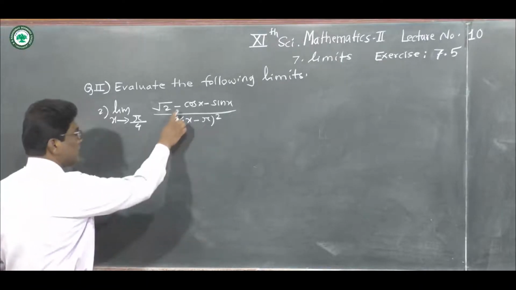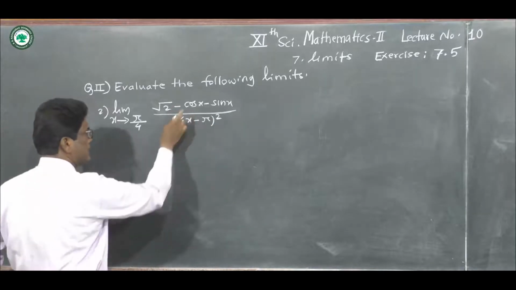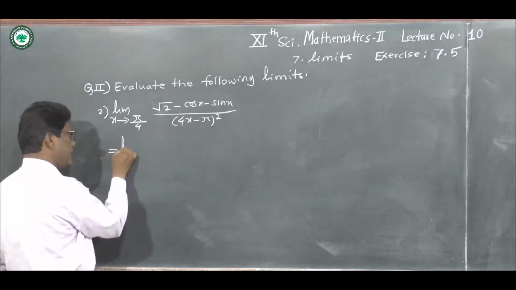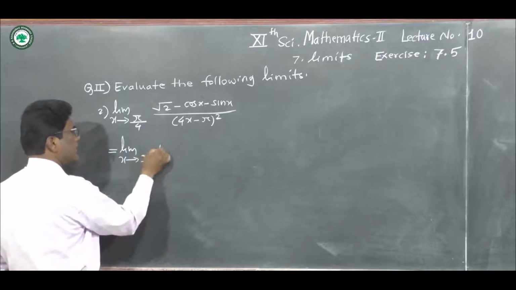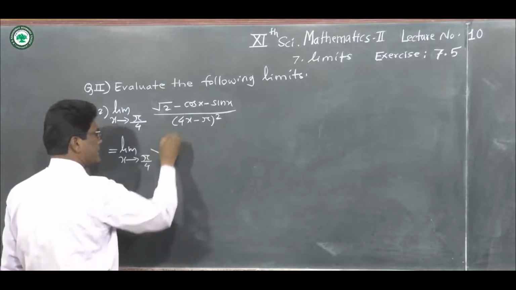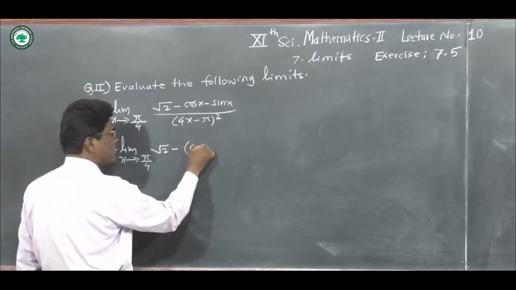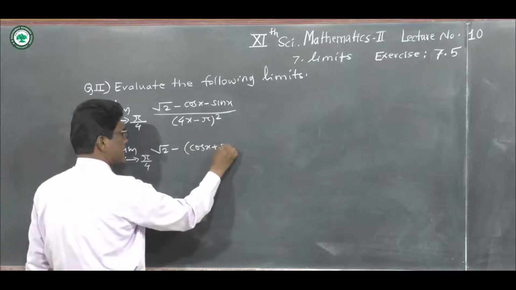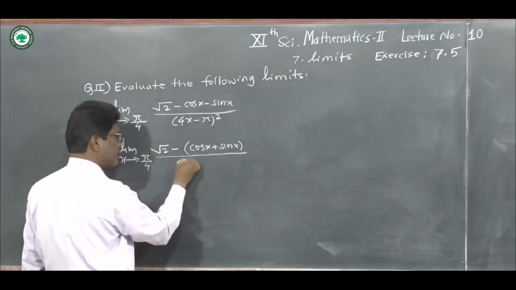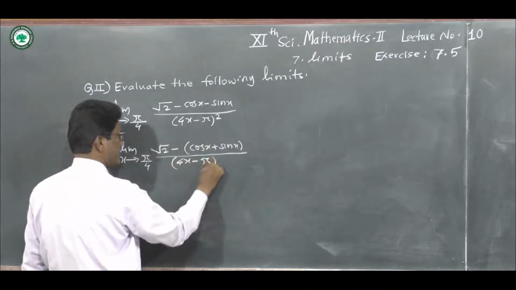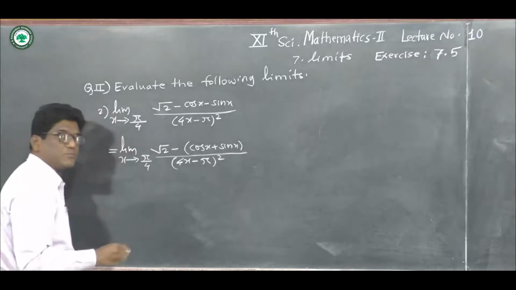Before that we take here in the numerator minus sign common, so it is equal to limit as x tends to pi by 4 of root 2, here take minus sign common, in the bracket cos x plus sin x, and divided by this denominator 4x minus pi bracket square. And now we use here the substitution method.